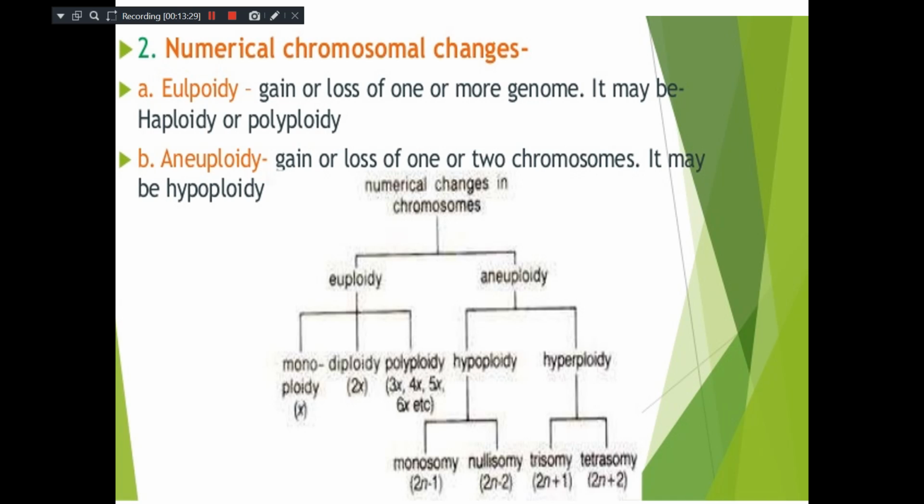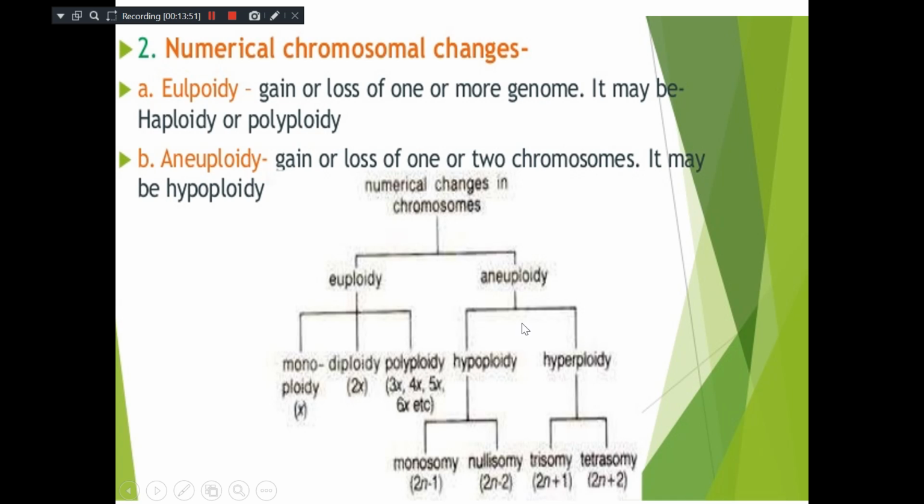It can be haploidy or polyploidy. Polyploidy means more; haploidy may be monoploidy, diploidy, or polyploidy. See here, diploidy: there are two X chromosomes. Polyploidy may be 3X, 4X, 5X, 6X, like that. This is euploidy, where there is gain or loss of genomes.